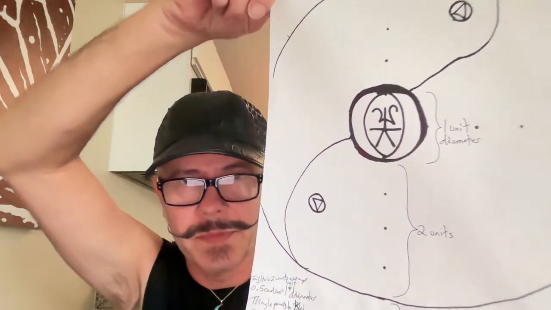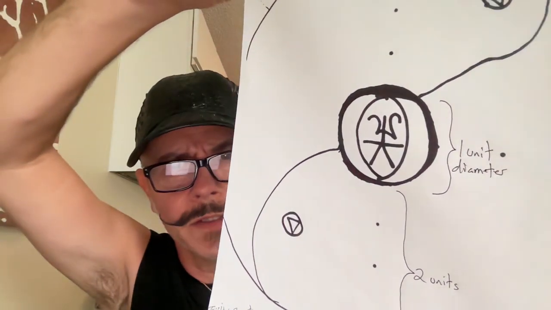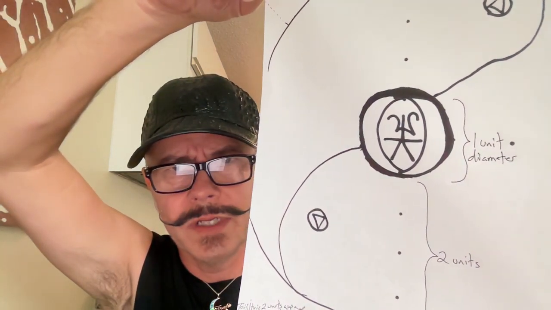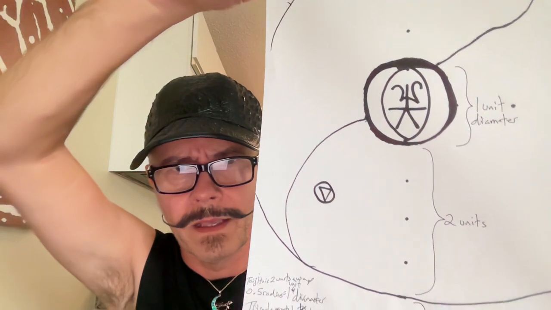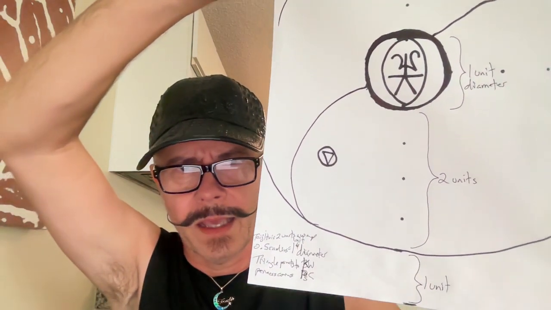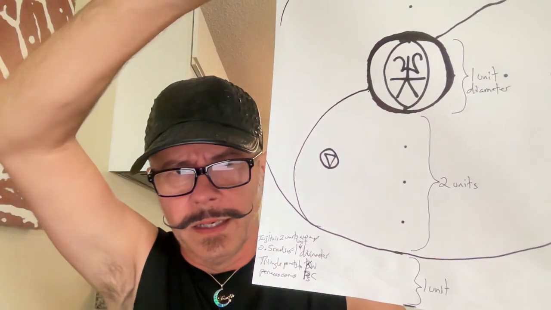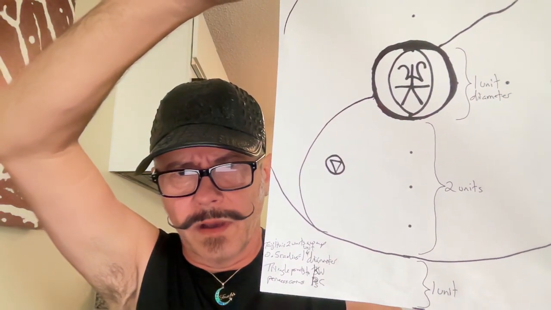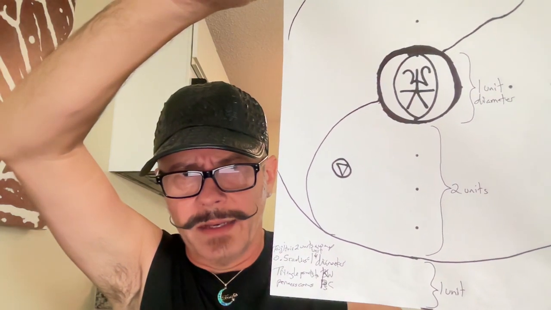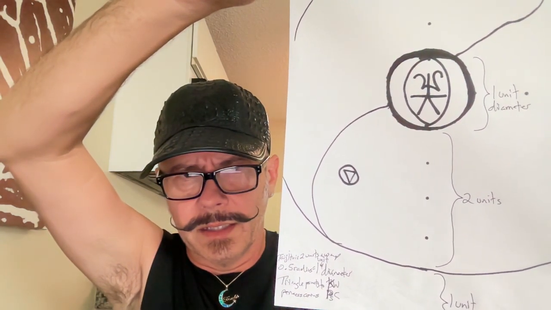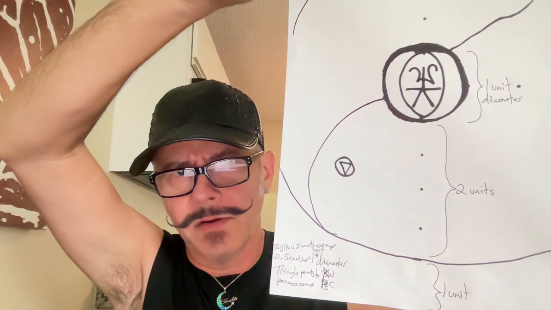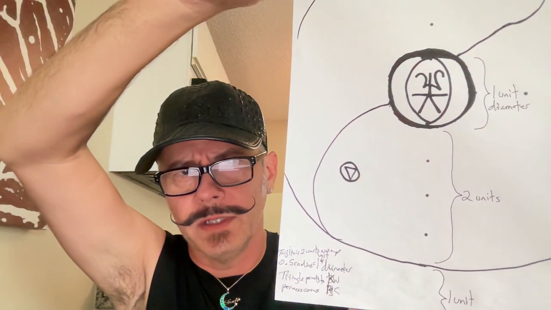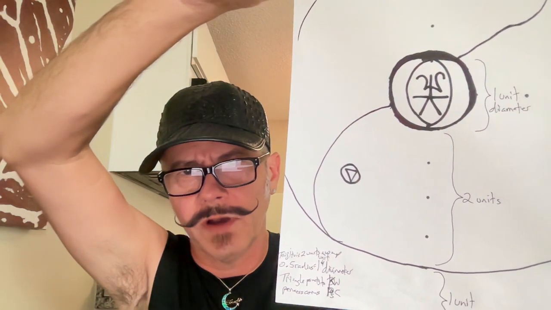So to get specific, see how I write this? The BINDU circle should be 1 unit in diameter, and the Taiji measurements are that it should expand 2 units out from where the BINDU circle of 1 unit in diameter leaves off.